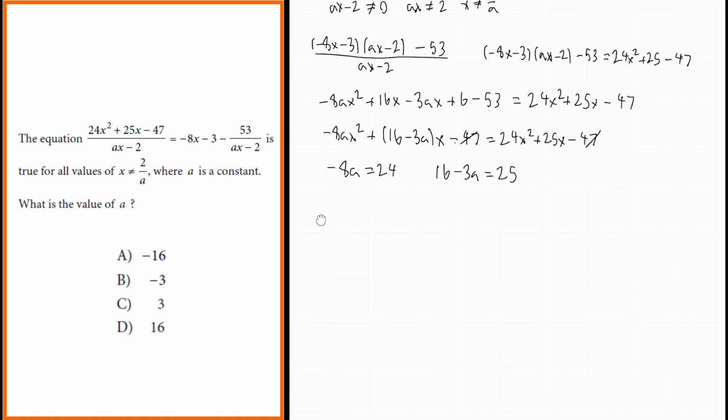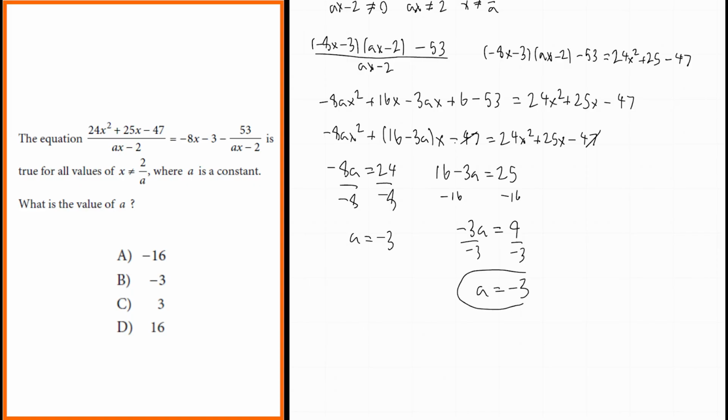Here we can just divide both sides by negative 8, and we get a equals negative 3. And here, we can first start off by subtracting 16 from both sides. We get negative 3a equals 9, then we divide by negative 3 on both sides, and we get, once again, a equals negative 3.